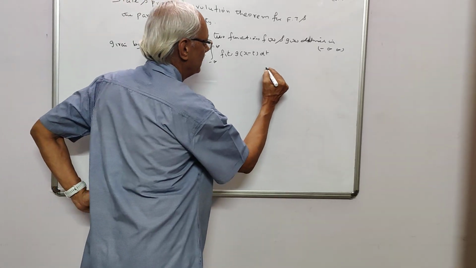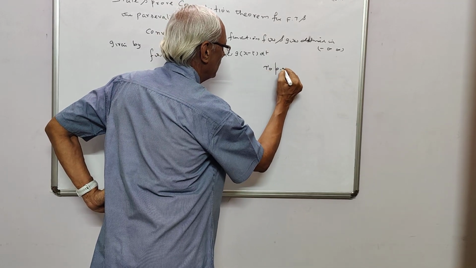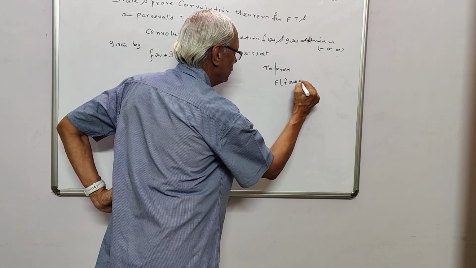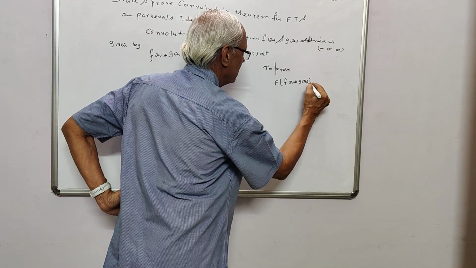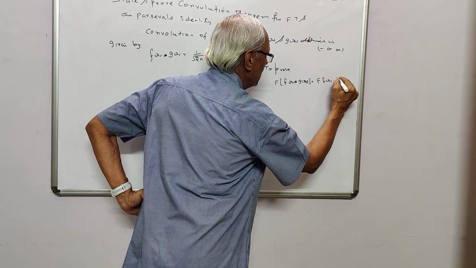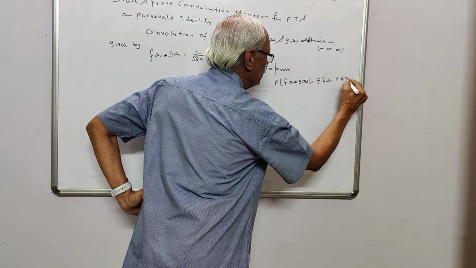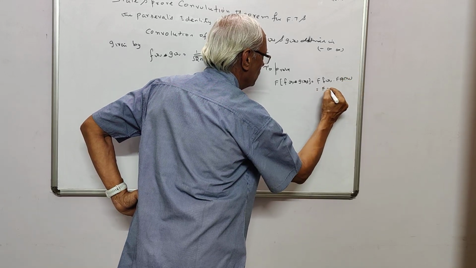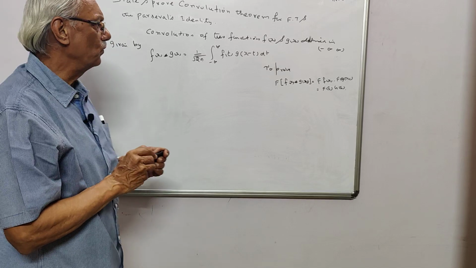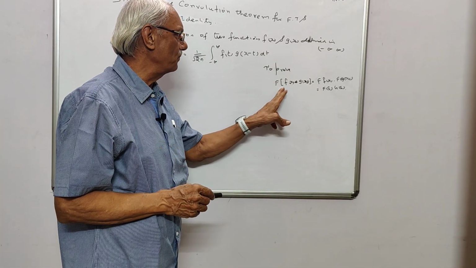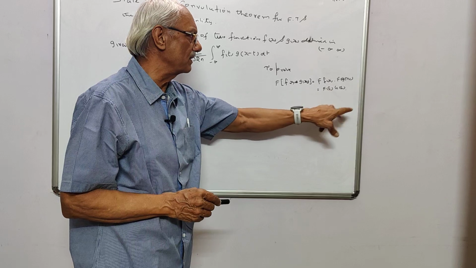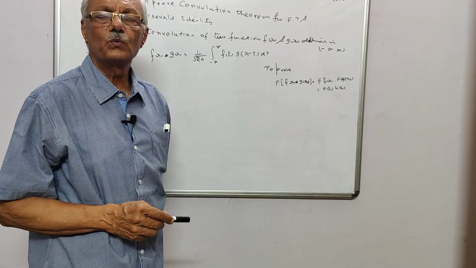First of all, understand that we have to prove that the Fourier transform of f of x convolution g of x is equal to the Fourier transform of f of x into the Fourier transform of g of x, that is, F of s into G of s. Simple multiplication of the Fourier transforms. This is what we should prove.